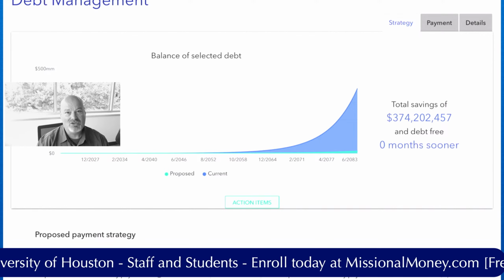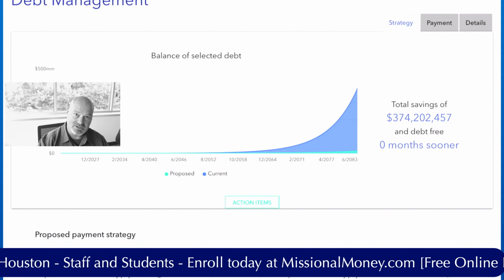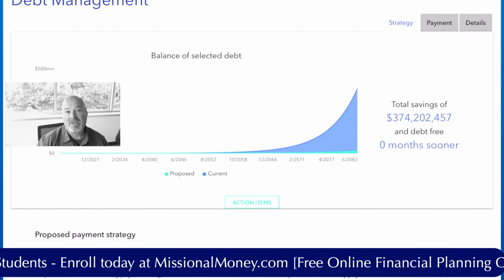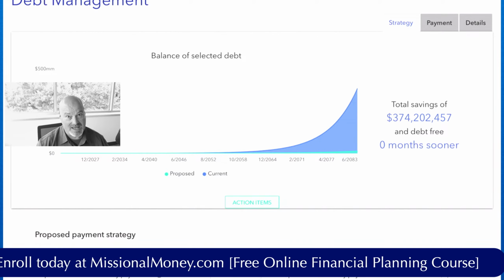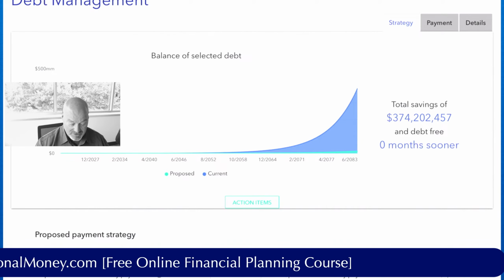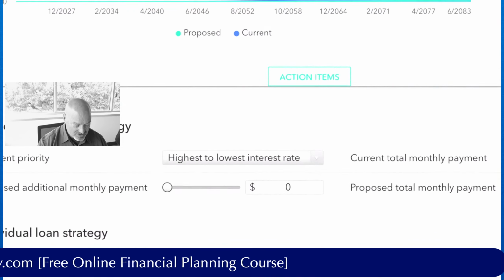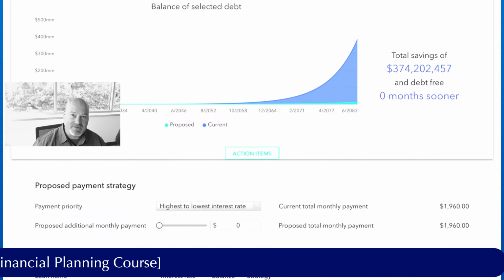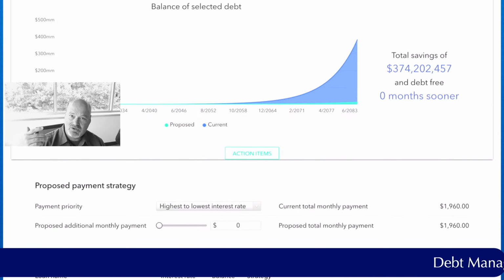But let's say that you decide that you want to get serious about eliminating your debt and you're willing to spend an extra, let's just say that Billy and Sally could spend an extra $500 a month on their debt. So now we'll just go down here to proposed additional monthly payment. And this is where, as a financial advisor, as your financial planner, I would be saying, look, out of all the things you spend money on, what is it that is going to move the needle the most in your financial life?